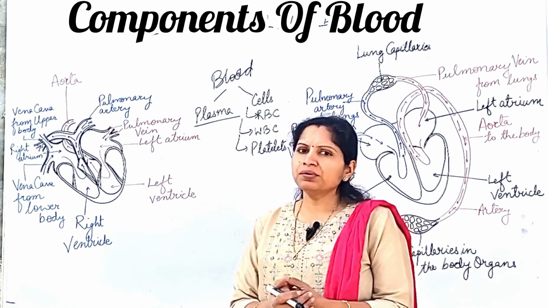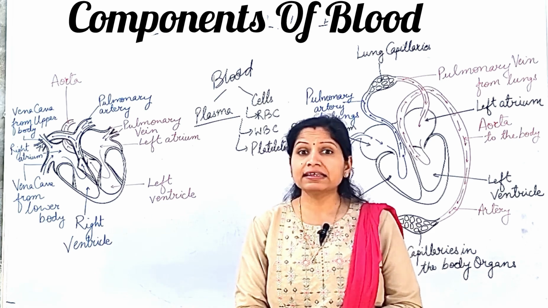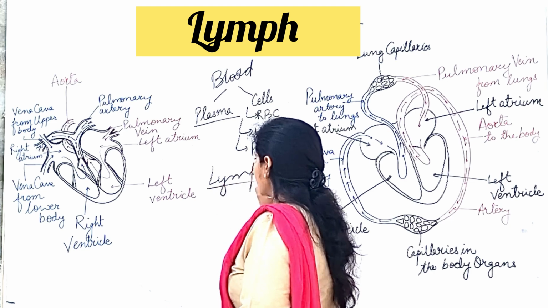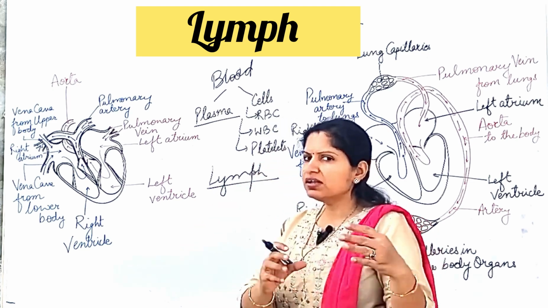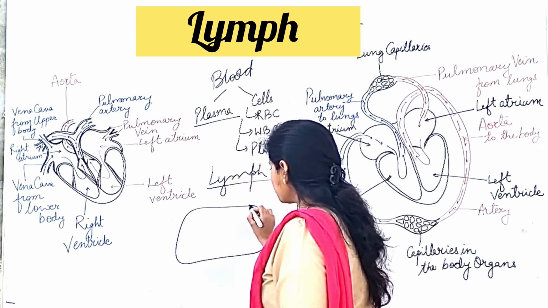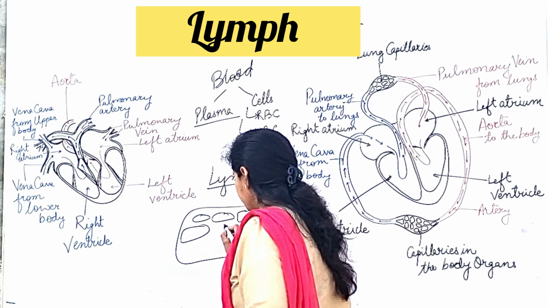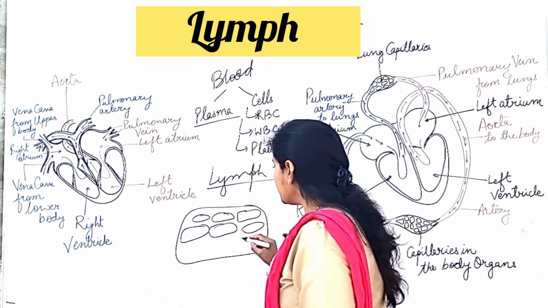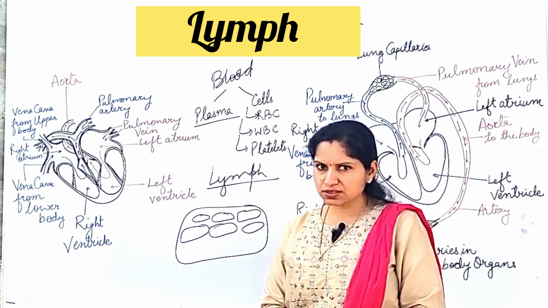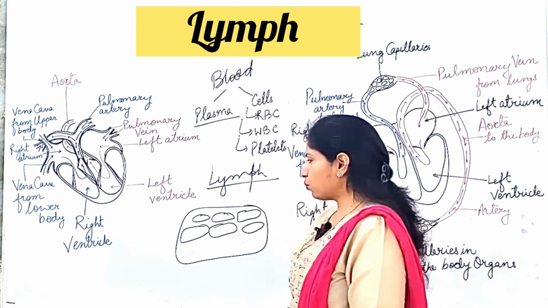Okay, now coming to the last topic from this transportation topic, that is lymph. Before understanding lymph, let us study the structure of a tissue. If we talk about a tissue, there are different cells in a tissue. These are some of the cells. But there is some space between the cells, and the space is known as intercellular space. Now what happens?